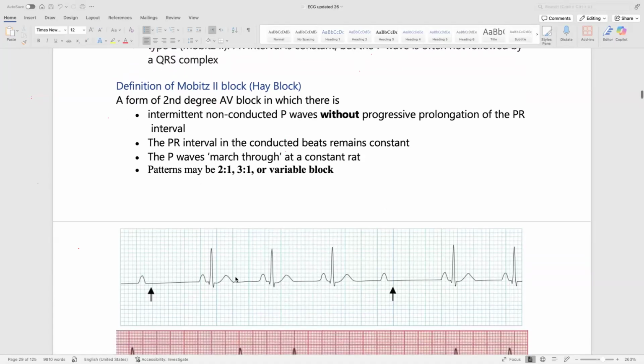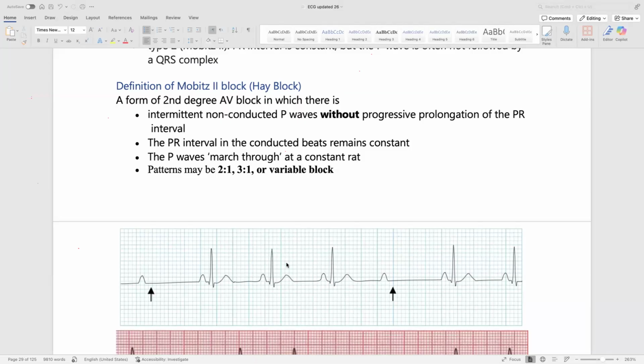But after some QRS, maybe 2, or maybe after any 3 QRS, there is one drop beat. So it is called 3 to 1. Maybe after any 2 QRS, there is one drop beat, maybe 2 to 1. That is one of the patterns. It is not a must.